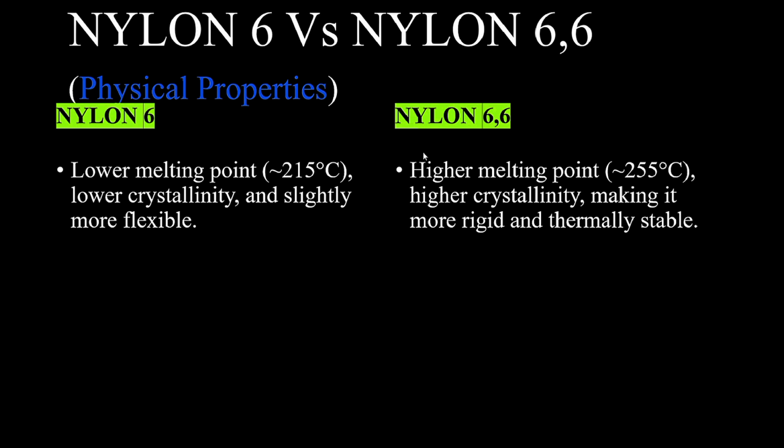Nylon 6,6 has a higher melting point of about 255 centigrade, has higher crystallinity, making it more rigid and thermally stable. So the melting point is 215 centigrade for nylon 6, while nylon 6,6 has 255 centigrade.